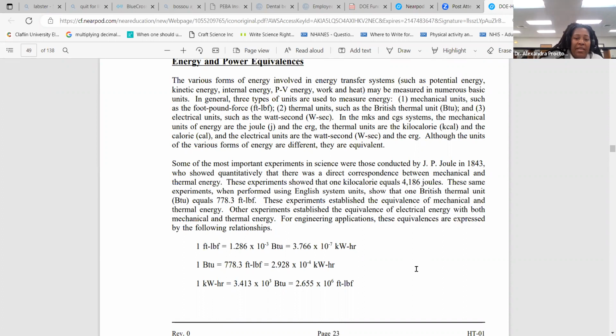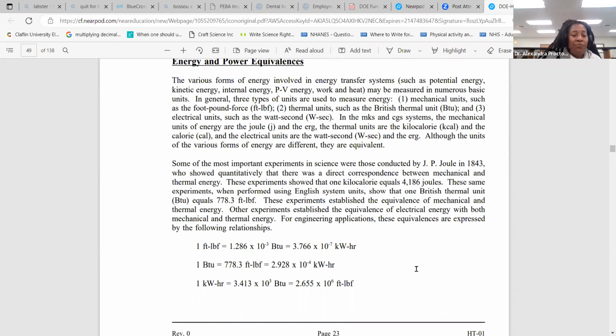So for engineering, these equivalents are expressed by the following, and they give you a list of conversion factors. 1 foot-pound force is equal to 1.286 times 10 to the minus 3 BTU, which is also equal to 3.766 times 10 to the minus 7 kilowatt-hour.